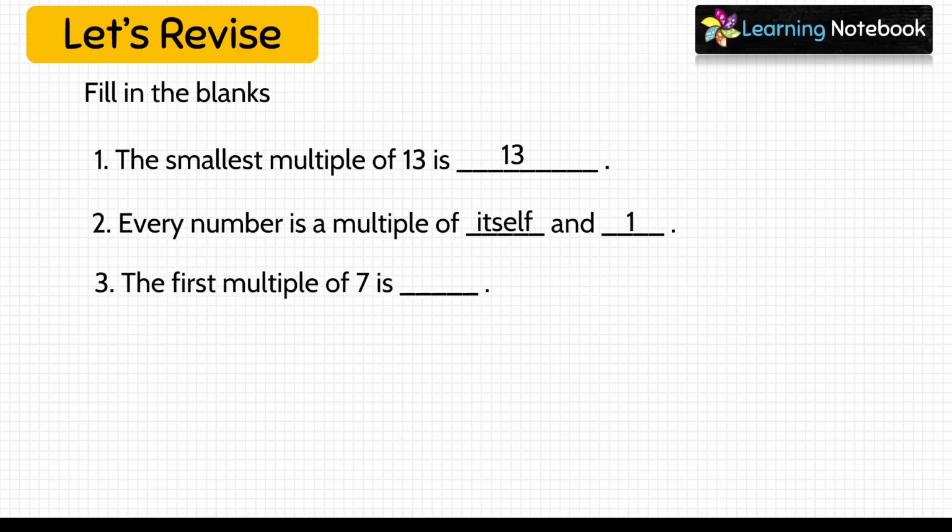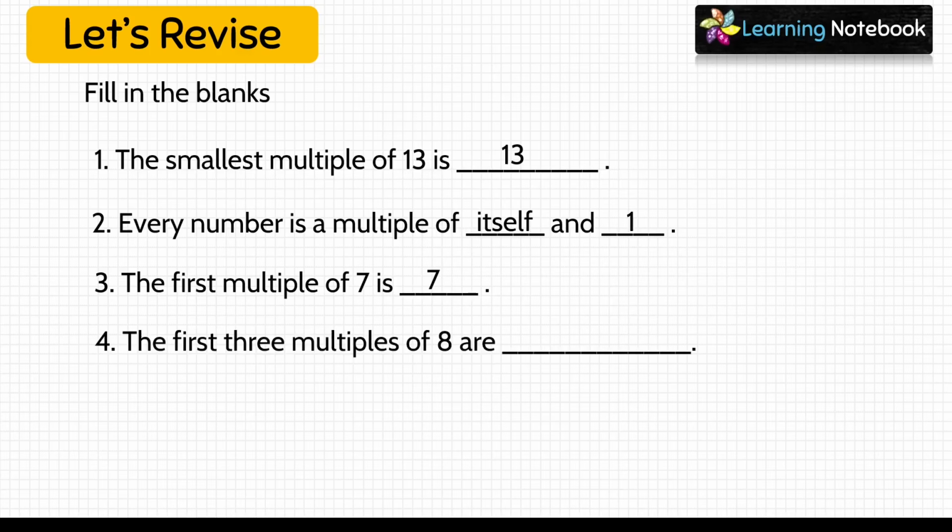Next question is, the first multiple of 7 is dash. Answer is 7. Again, with reference to the property that the smallest, or we can say first multiple of a number is the number itself.